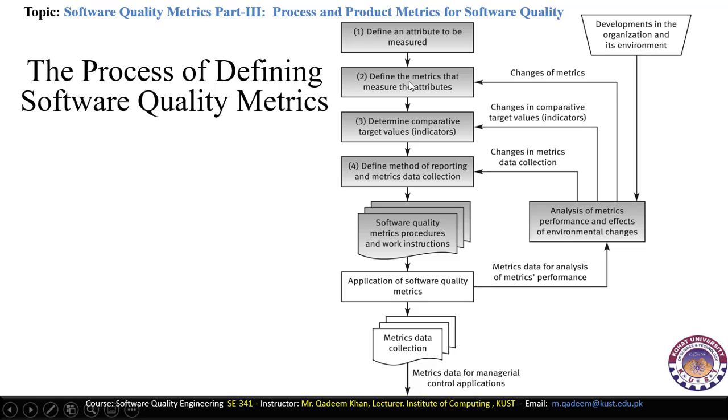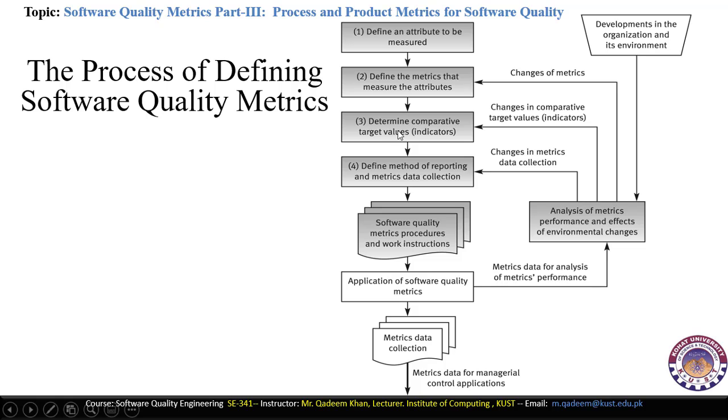We can identify certain metrics, and that metric should be relevant for that particular purpose. For example, if we are measuring the process, then we will identify a process metric here. If we are measuring the staff turnover or the productivity of the programmer, then we will use that particular metric here.